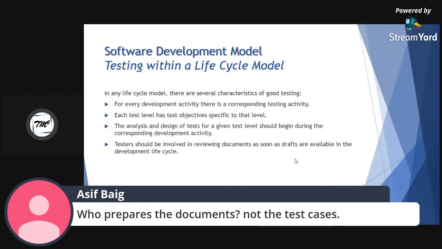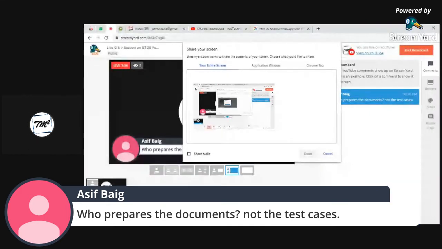Analysis and design of test for a given test level should begin during the corresponding development activity. So that means this happens right earlier. That means we don't wait for the code to be prepared formally so that we can move to the other thing, like testing and creating the test cases and then looking at the requirements and all.